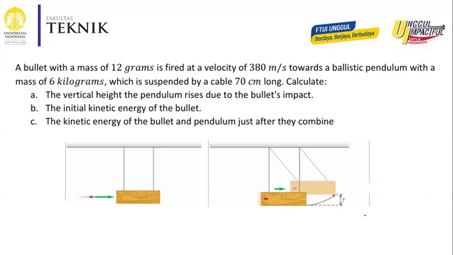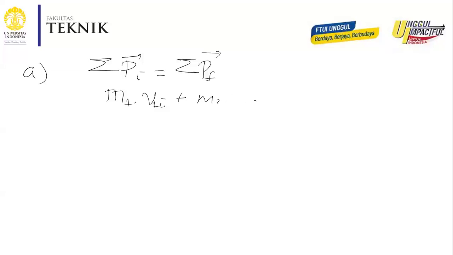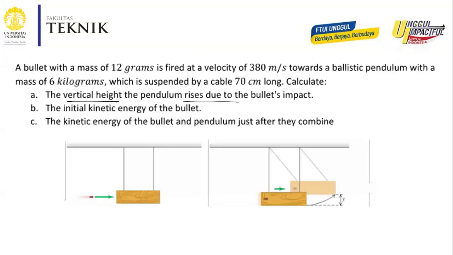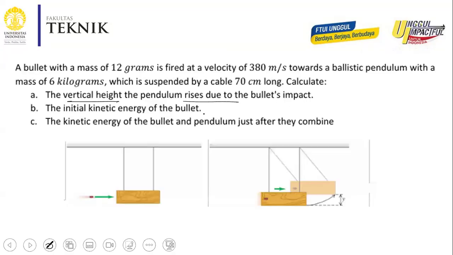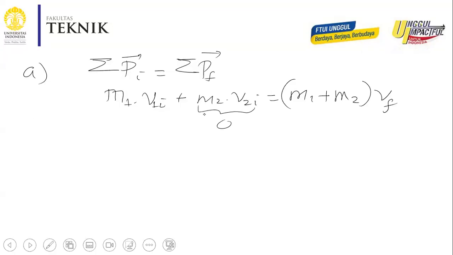So for the first problem, the vertical height the pendulum rises due to the bullet's impact, we need the total momentum at the initial state to be the same as the total momentum at the final state. So m1 V1I plus m2 V2I equals (m1 plus m2) times V final for the system. Since the pendulum is initially at rest, V2I is 0.